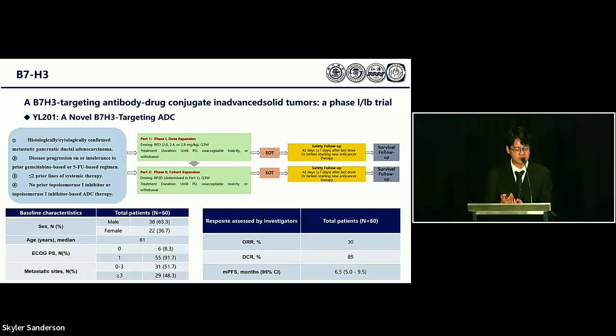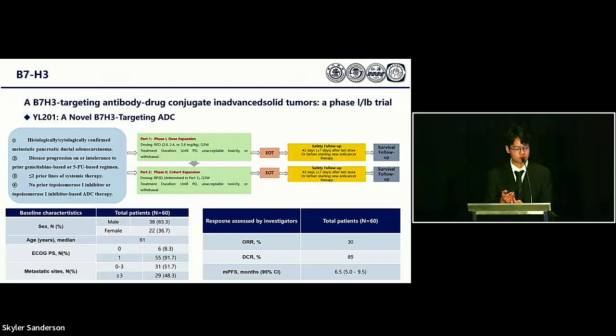When it comes to B7H3, it is also reported to be expressed at very low levels or even undetected in normal tissue. However, dysregulated B7H3 expression has been detected in various kinds of malignant tumors, including pancreatic cancer.